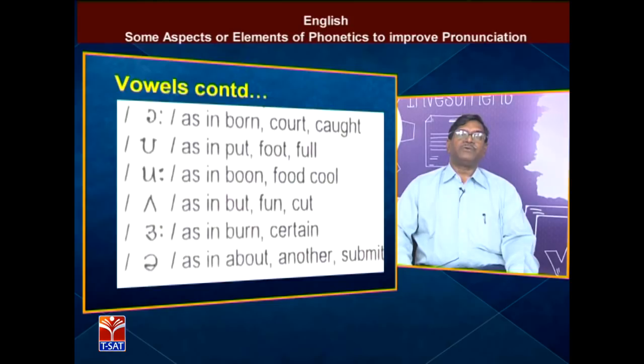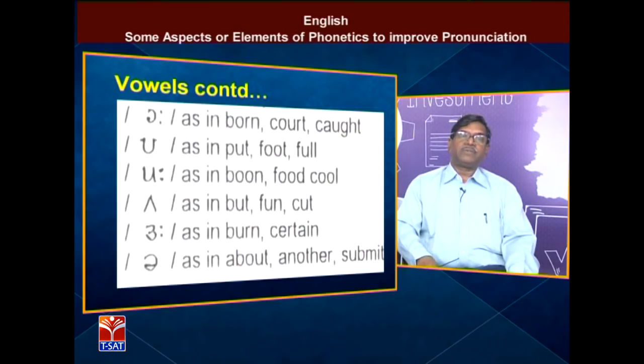That is the symbol you can see between the two slanted lines, an inverted C followed by two dots. Wherever we have those two dots after the symbol, it signifies that the sound is elongated. It is elongated sound O.